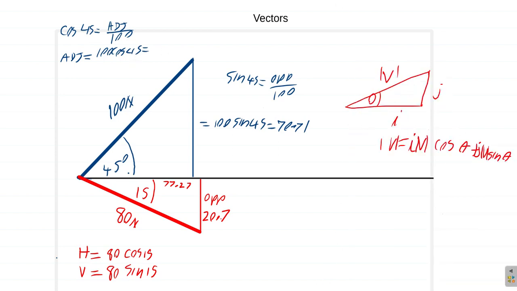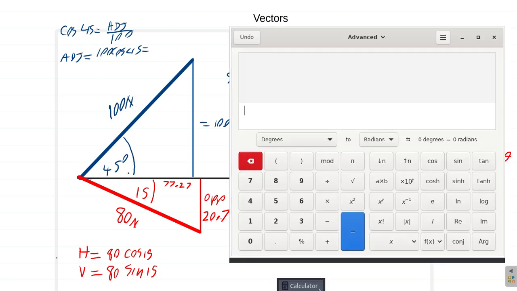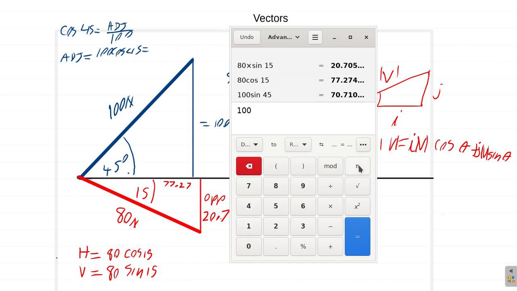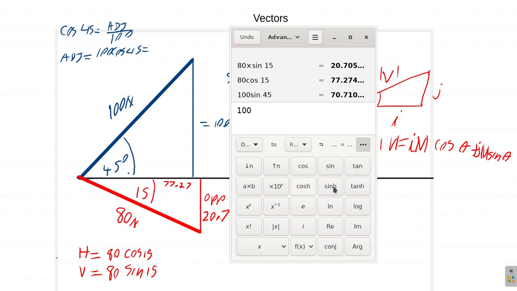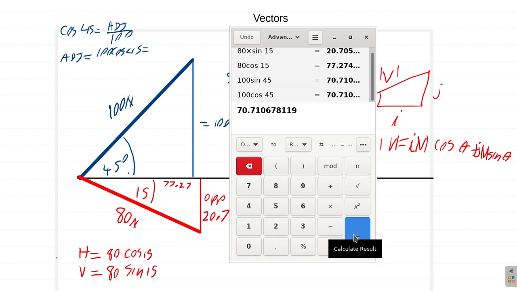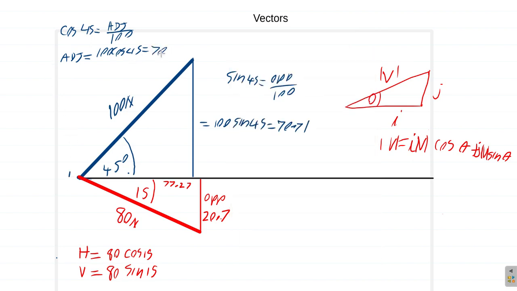Calculator again. 100 times the cosine of 45 equals 70.71. Well, as expected, you know that would be the angle. So what you have there is 70.71.